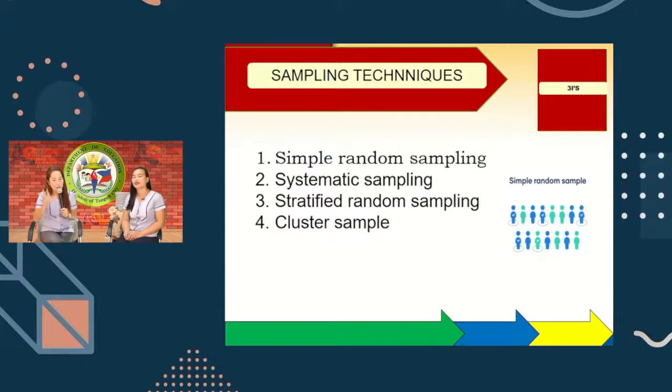For example, it can be gender or grade level. It can be a stratum in a particular study. And then, using simple random sampling, the researcher can select samples from each subgroup or stratum of the population.